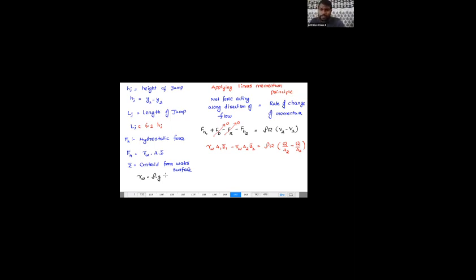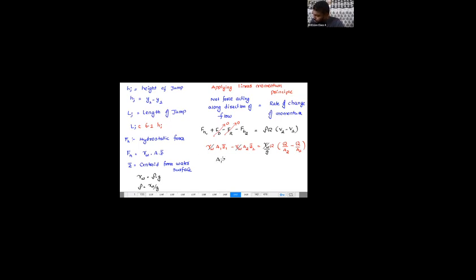So rho is equal to gamma W by G, and gamma W will get cancelled.